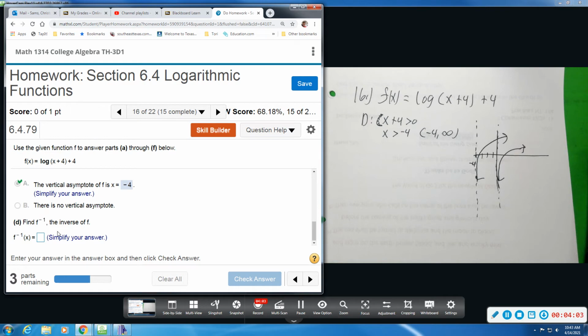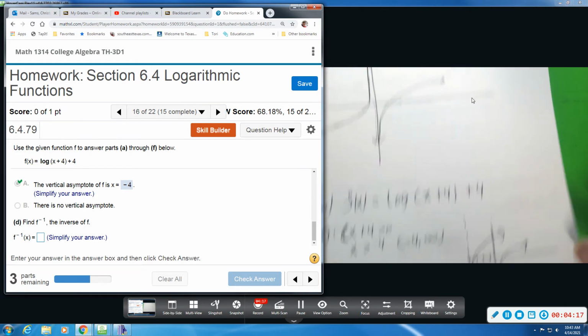The inverse, so we just want to take this function, and the inverse is going to be a little bit different though, because we have this plus 4 part. So let me actually work it all the way out when we do inverse.